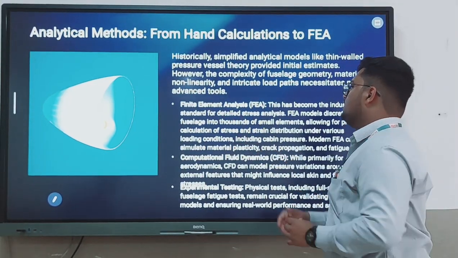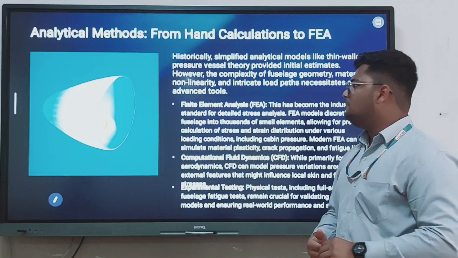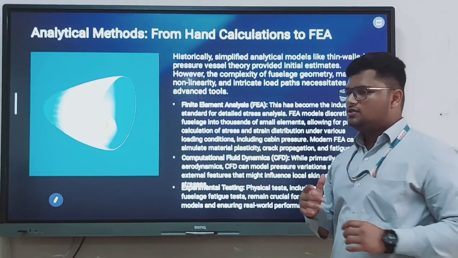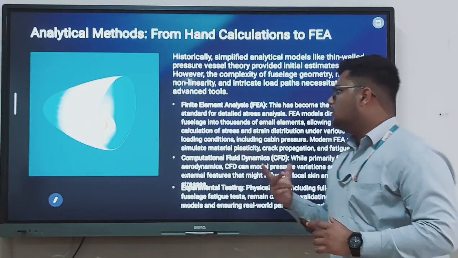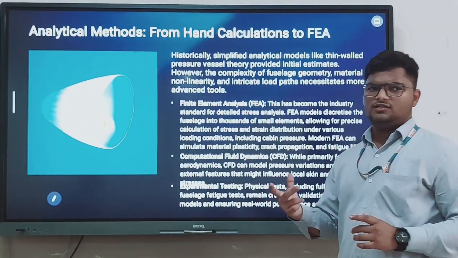The first one is the FEA, which is the finite element analysis. Currently FEA is the most used analysis method.